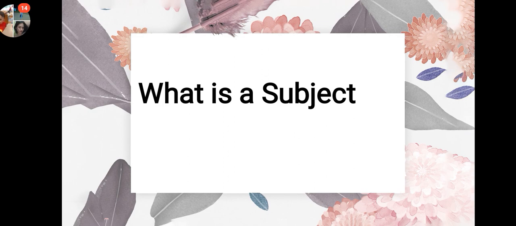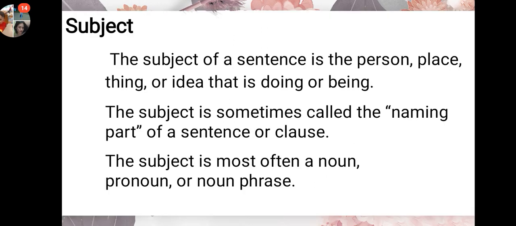The next one is, what is a subject? The subject of the sentence is the person, place, thing, or idea doing or being. The subject is sometimes called the naming part of a sentence or clause. The subject is most often a noun, pronoun, or noun phrase.